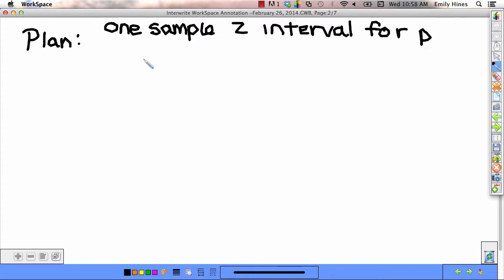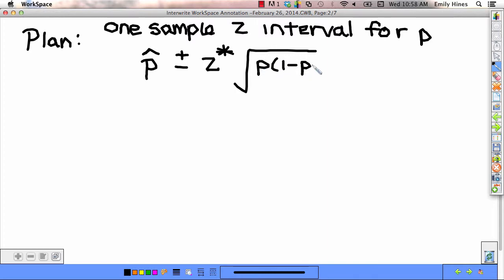Or I can just write the formula, which would be my point estimate p hat, my sample statistic, plus or minus my z-score times my standard deviation of p hat, which is the square root of p times 1 minus p divided by n.